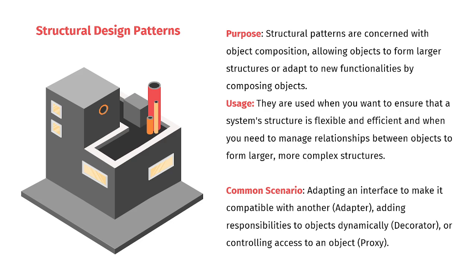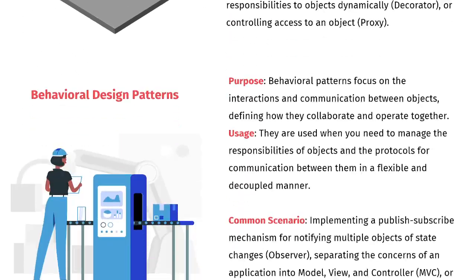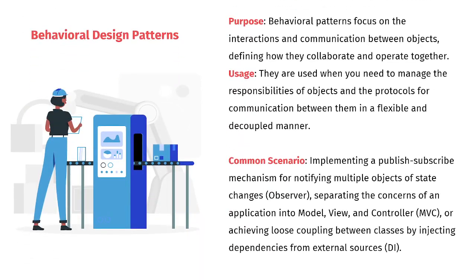So as said, these structural design patterns are mainly concerned with object composition and object structure, right, to adopt new functionalities. And the next one is behavioral design patterns. The purpose of these behavioral design patterns is that we are trying to focus on interaction and communication between the objects, and define how they collaborate and operate together.